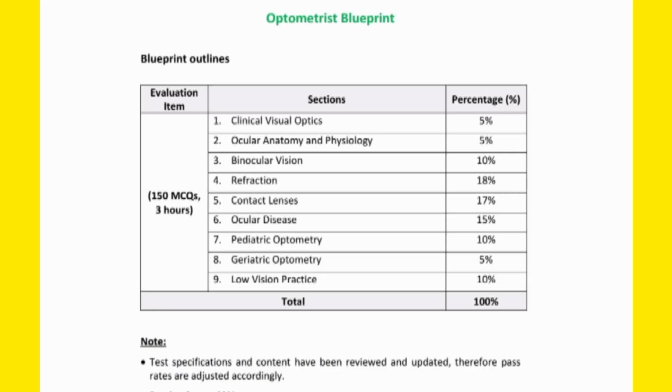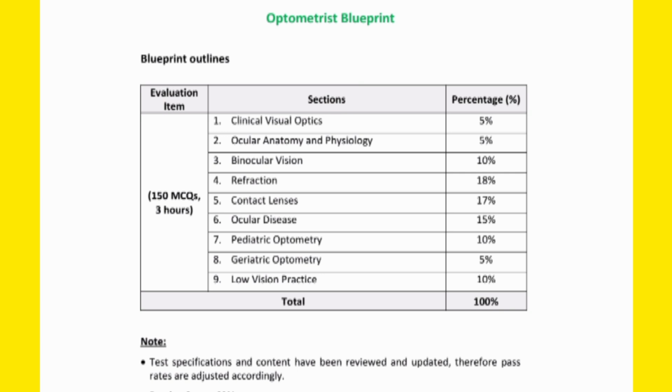Now, the benefit of this is that when you approach it this way, you will find out that you've covered a lot of geriatric and pediatric optometry. You've covered a lot of ocular diseases and ocular physiology and anatomy.